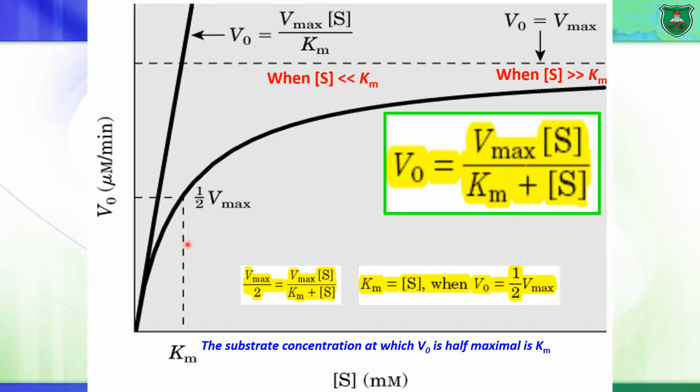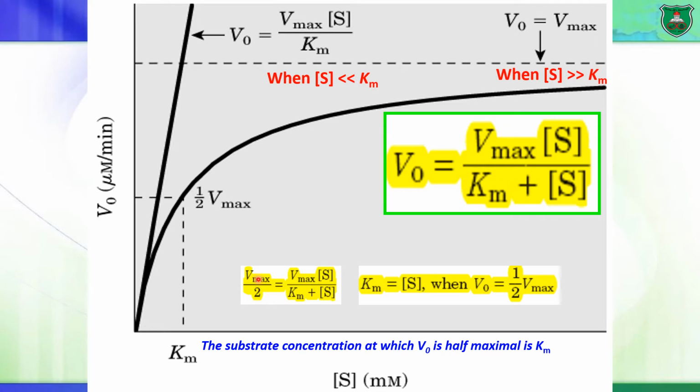So the idea here is that when the substrate concentration is much less than Km, this value right here, notice that the velocity would be dependent on the maximal velocity over Km times substrate. So the velocity is really dependent on the concentration of the substrate.